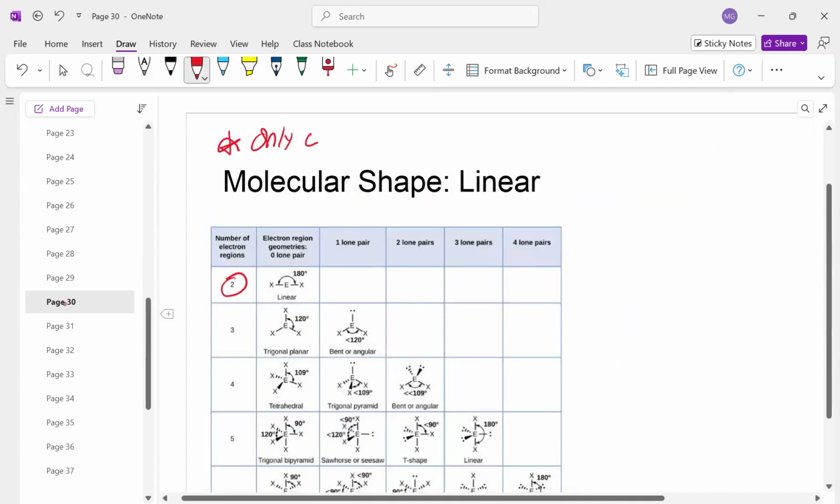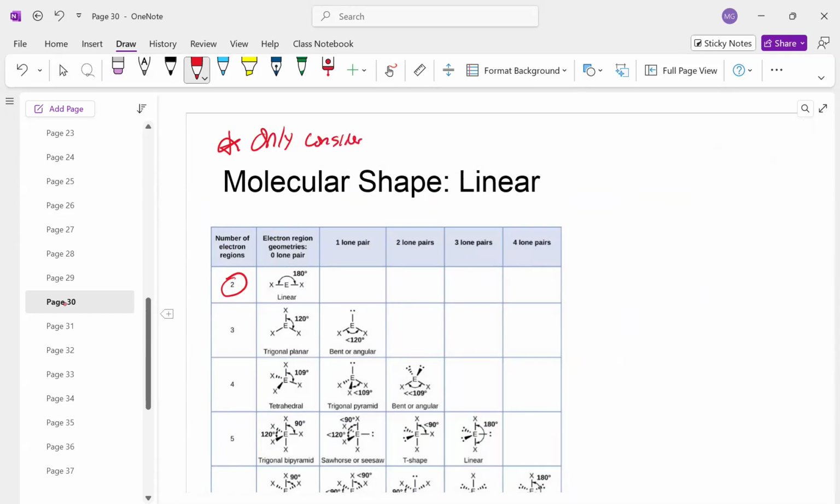You only consider the shapes of central atoms attached to at least, circle, highlight, star that, at least two other atoms.